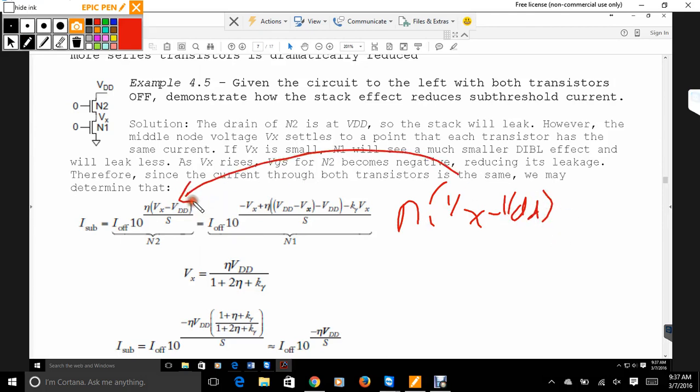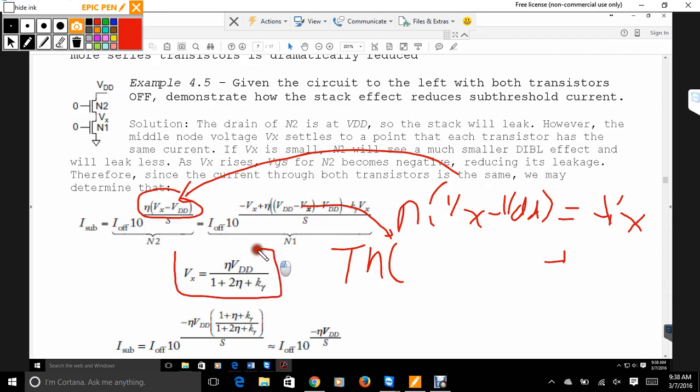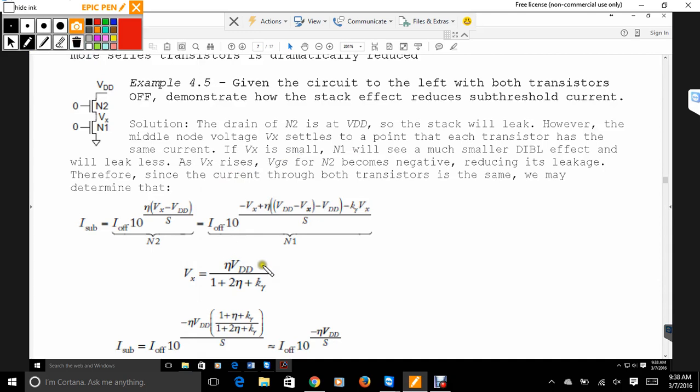That's from here. It's going to be equal to negative Vx plus N, this quantity here. And then when you solve it, it comes out to this. So we have our body coefficients, our values here.